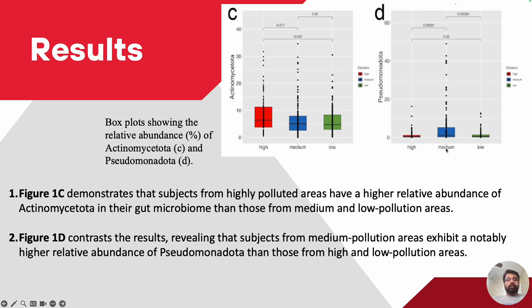And this one contrasts the result, revealing that the subjects from the medium pollution areas exhibit notably higher relative abundance of the Pseudomonadota group of organisms compared to the low and high pollution areas. So this finding suggests that different levels of environmental pollution selectively enrich specific microbial taxa in the gut microbiome.